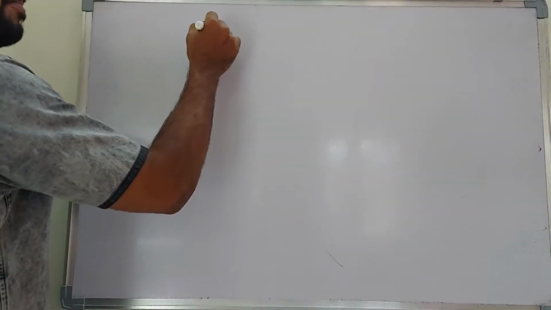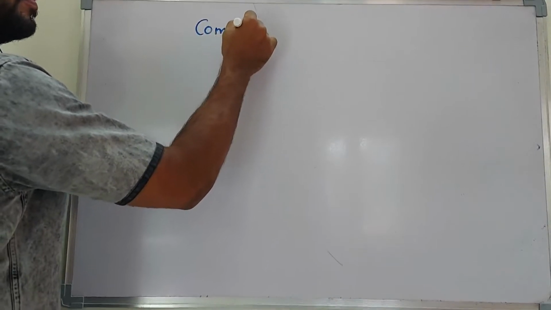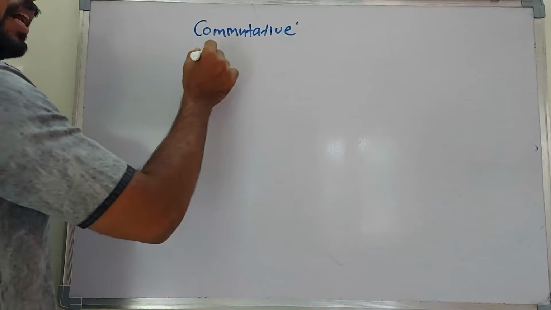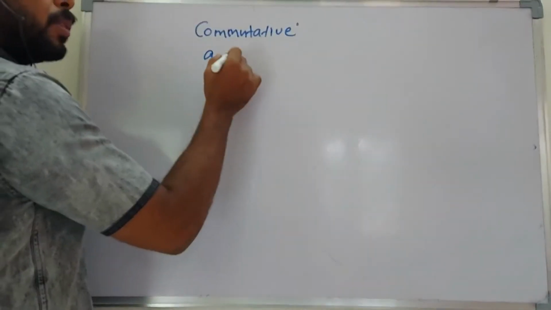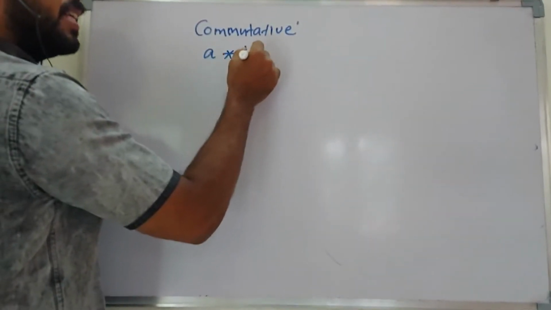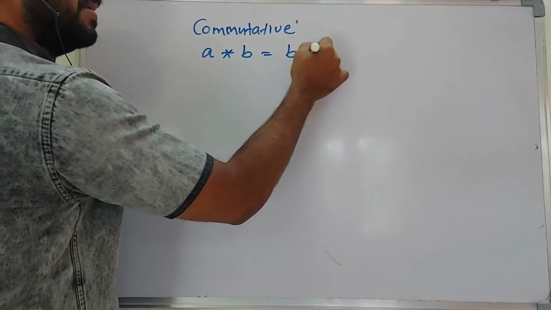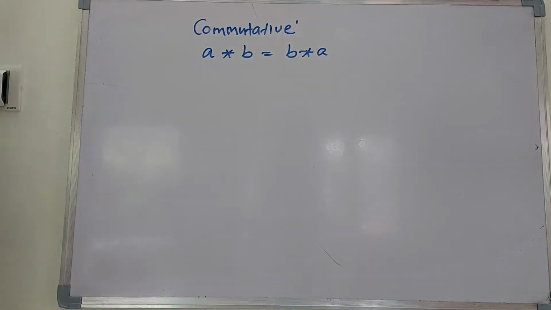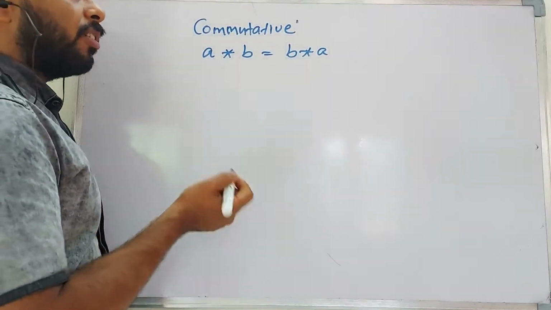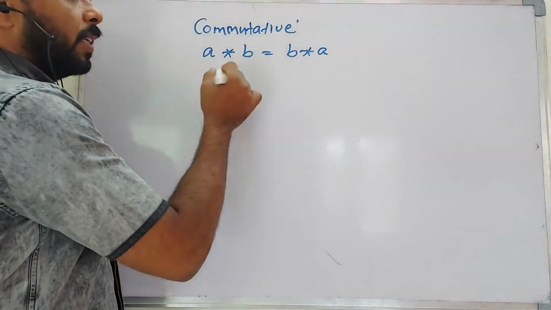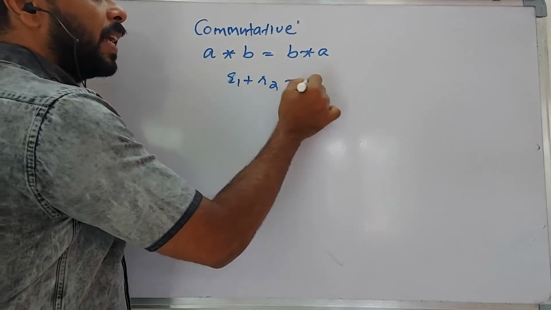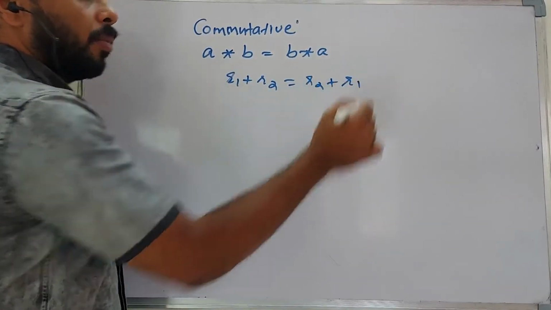First is the commutative property. If A and B are any two elements of X and A star B is the same as B star A, then the star is said to be a commutative operation. For example, addition is a commutative operation on the set of real numbers because R1 plus R2 is the same as R2 plus R1.